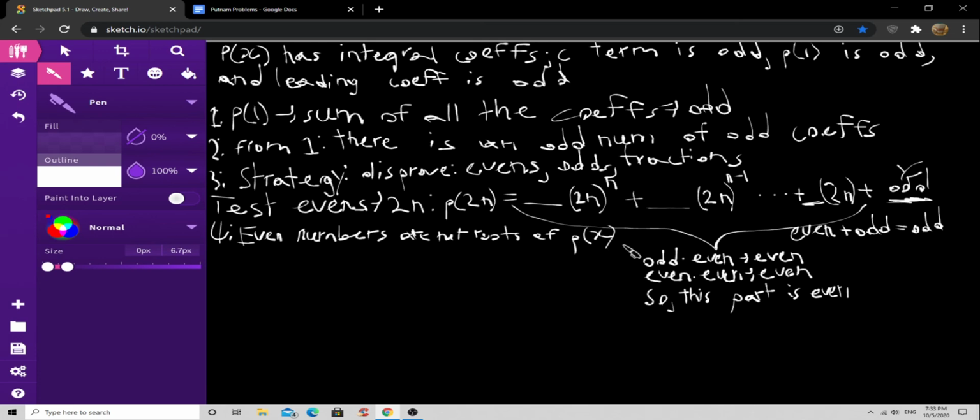Okay, so now let's go into the odd numbers. Test odds.